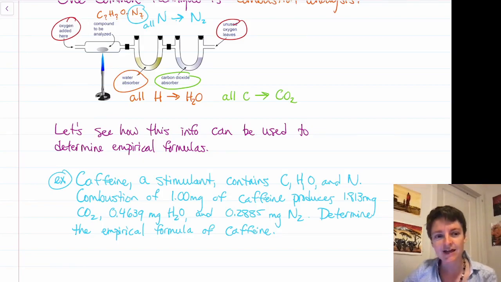Our key is going to be to understand that all of the hydrogen in the original compound produces water, and all of the original carbon in our compound produces CO2.